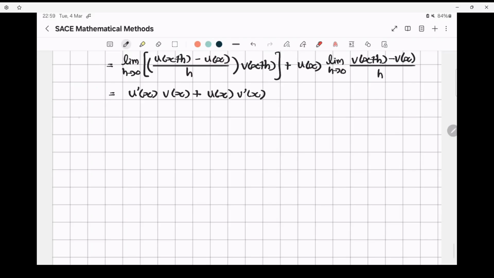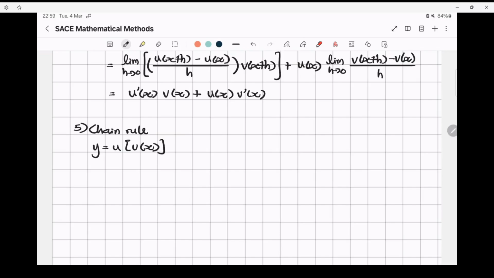So part 5, chain rule. What we can do is to let y equal u, and then inside there is v(x).